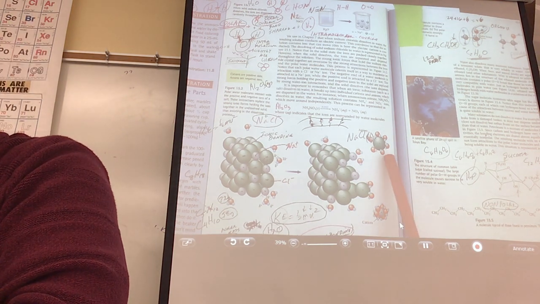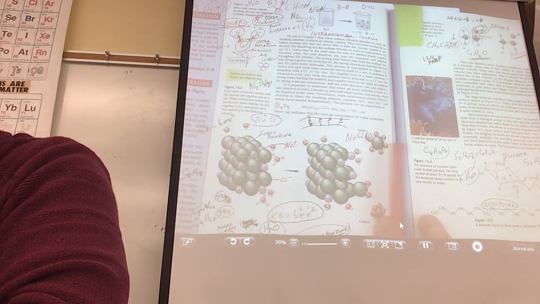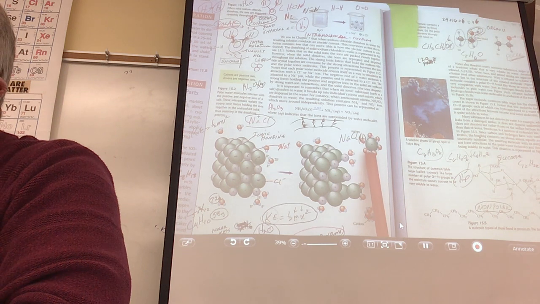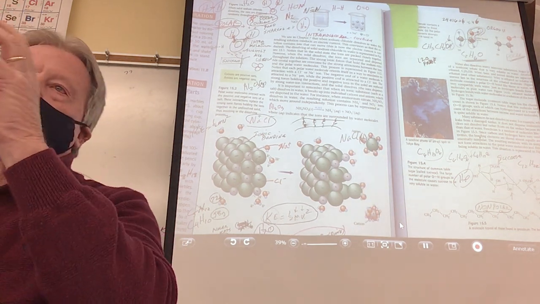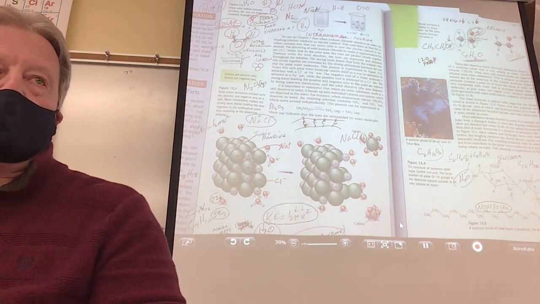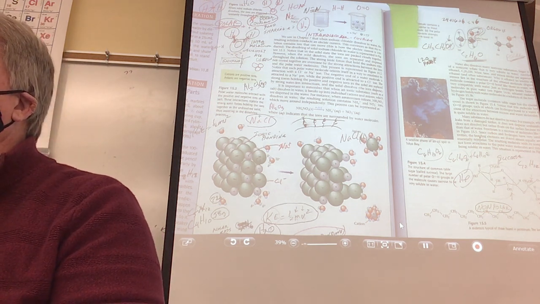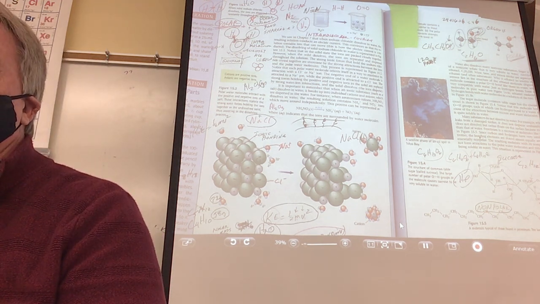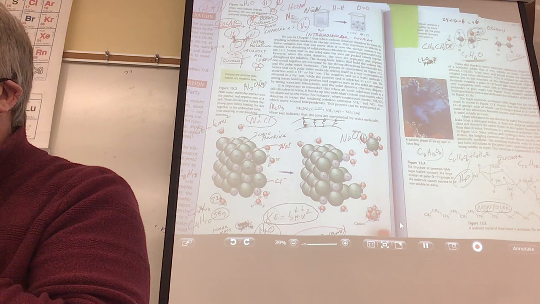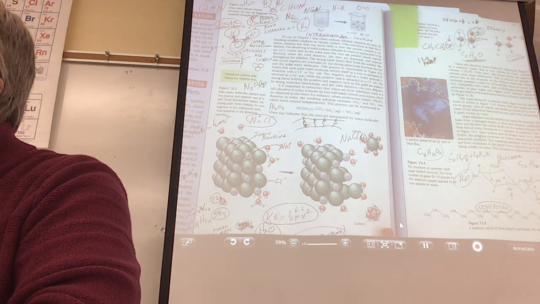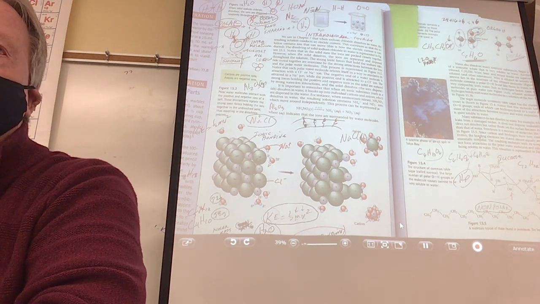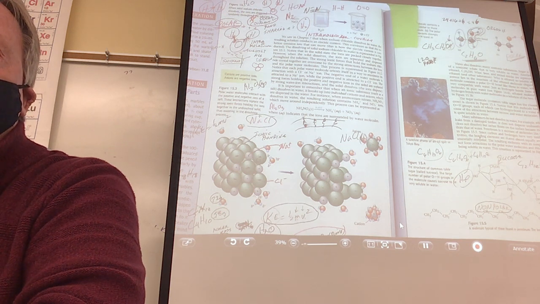And if you look here, look at the drawing. You see how they show the hydrogen end of water being attracted? So when enough water goes around that chloride ion, it pulls it out of the crystal in maybe like a 10,000th of a second. And then what end of the water molecule is attracted to the positive sodium ions? Look at the drawing.